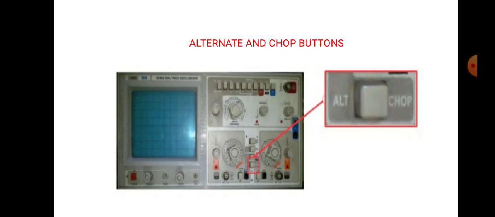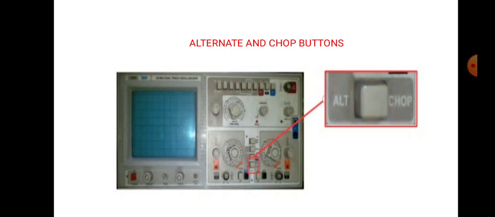Now there are the alternate and chop buttons. Here you can see the alternate or chop button. Multiple channels are displayed using either the alternate or chop mode.